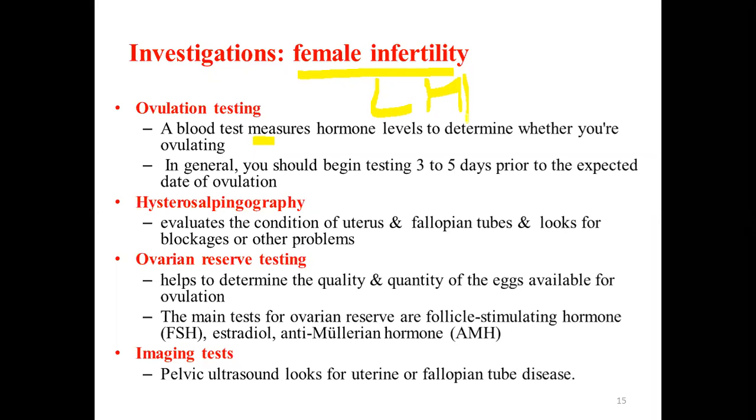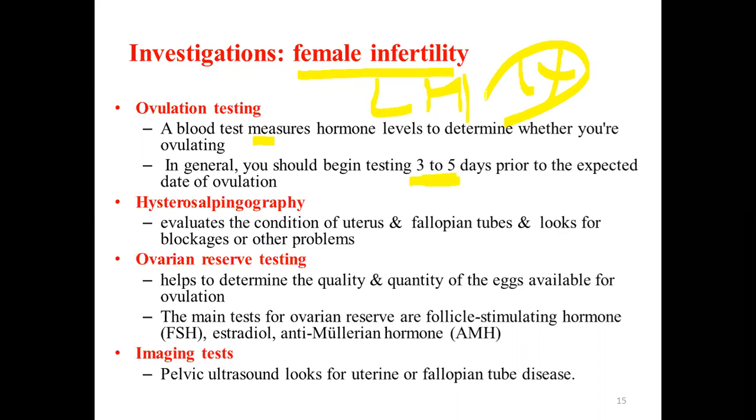In general, you have to take the test 3 to 5 days prior to the expected date of ovulation. Despite it being very hard to estimate the exact date, for the majority of ladies with a regular menstrual cycle, ovulation usually occurs around day 14 of the cycle, around mid-month. So you can assess the luteinizing surge then.